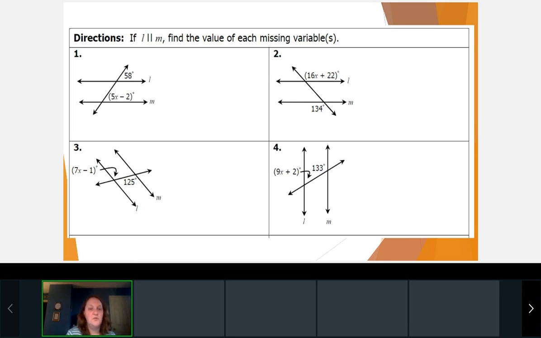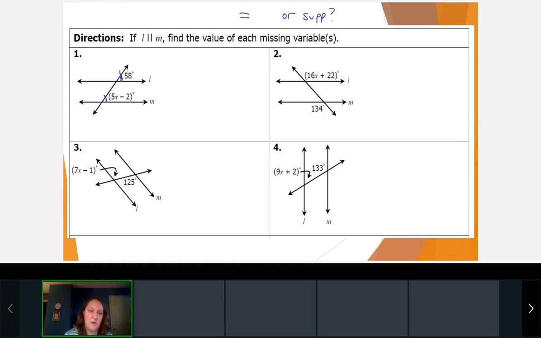Whenever you are setting up an equation, you need to ask yourself, are my angles equal or are they supplementary? That's the question. If they're equal, then you say that they're equal. And if they're supplementary, then you add them together to get 180. Well, how do you know? We have to figure out what kind of angle relationship they are. So I look at the angles, and I have a 58 here and a 5x minus 2. What kind of angle relationship is this?